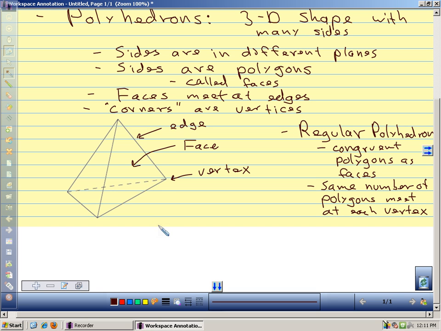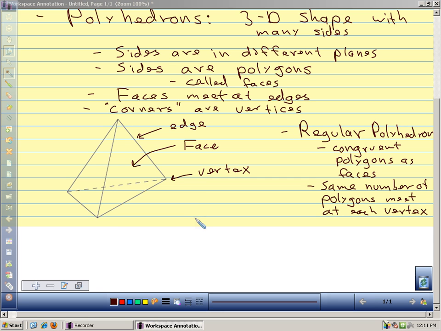A cube is another example of a regular polyhedron, because all of our faces are congruent squares, and the same number of faces meet at each corner of our cube. So that's what we mean when we say a regular polyhedron, is that our faces are congruent and the same number meet at each vertex.